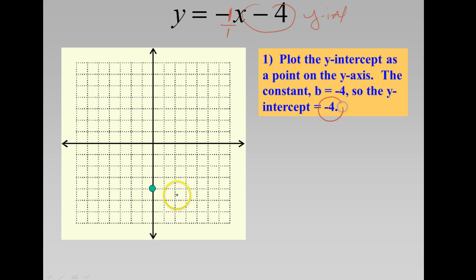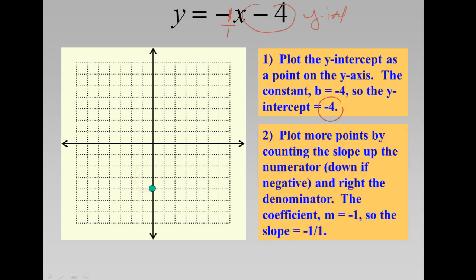We are going to put a point right here at negative 4 on the y-axis. And again, the slope will be negative 1 over 1. So we are going to go down 1 and go to the right 1.